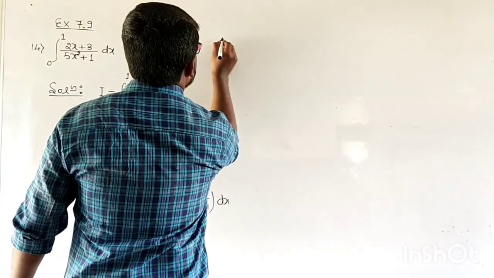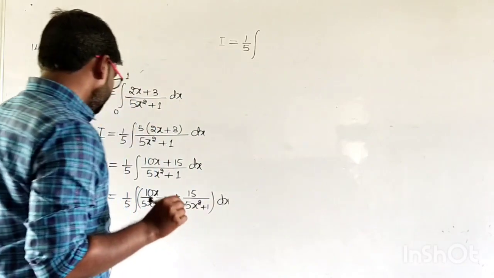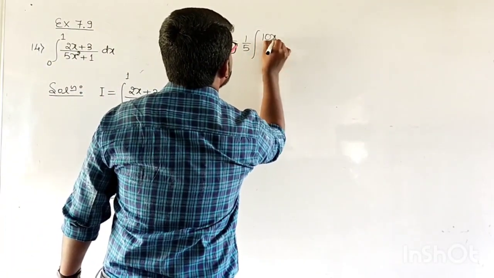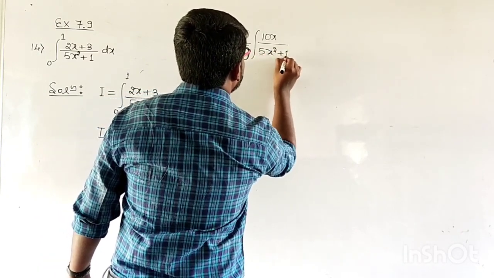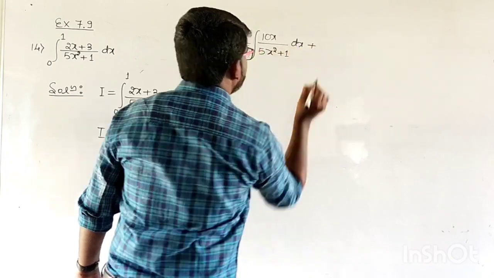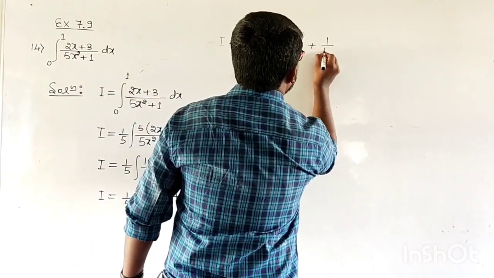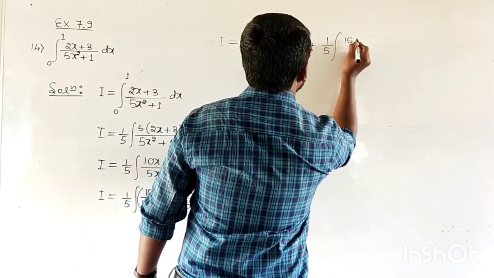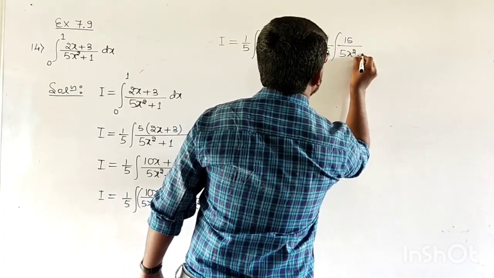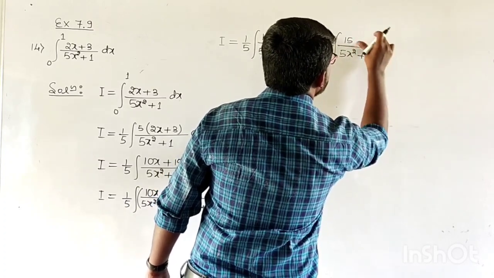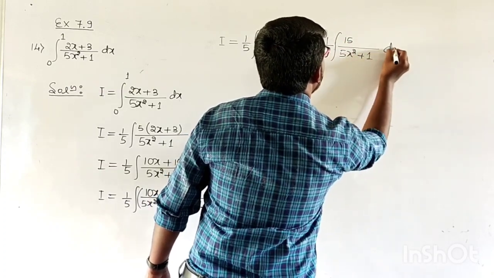So I is equals to 1 by 5 integral 10x divided by 5x square plus 1 dx, then plus 1 by 5 into integral 15 divided by 5x square plus 1 dx.